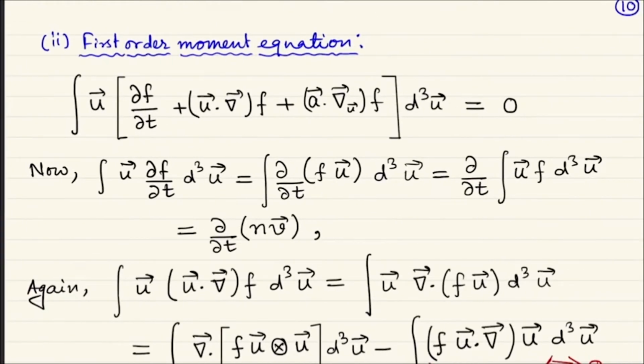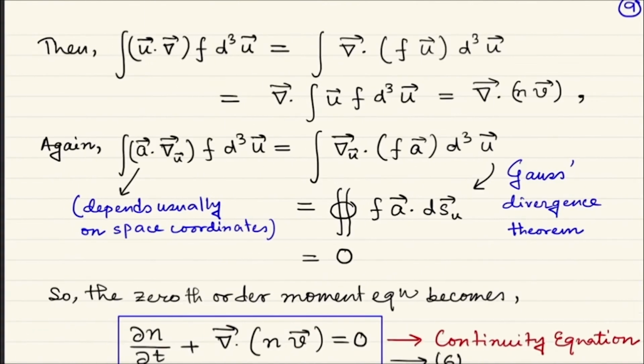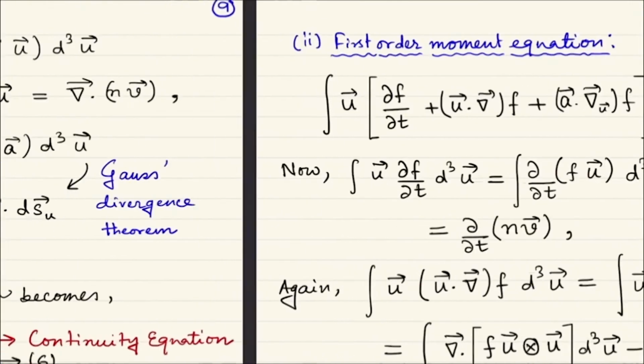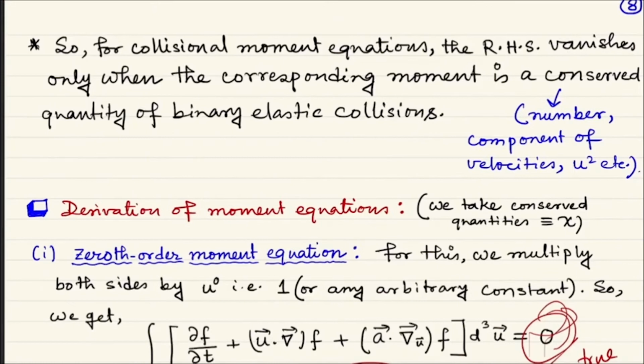Now, what about the first order moment equation? You see that the zeroth order moment equation gives us something which we already know from a different perspective, that is the framework of fluids. To be very honest, we have not considered any continuum until now.